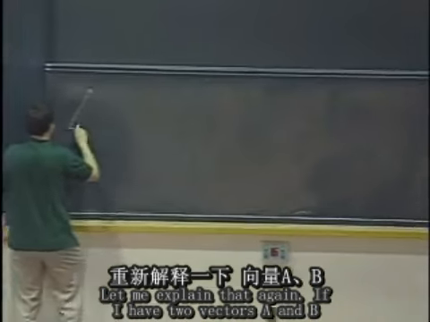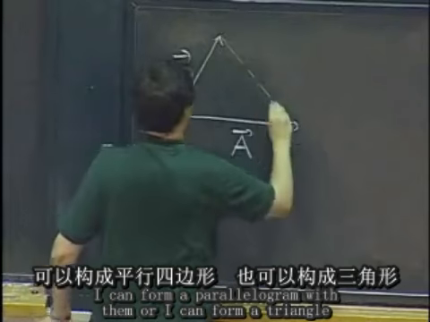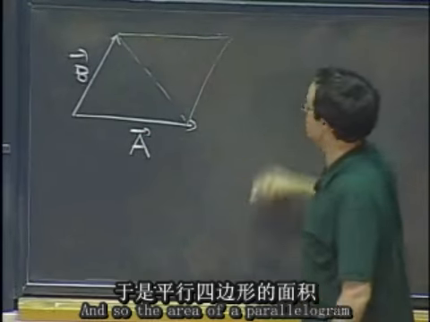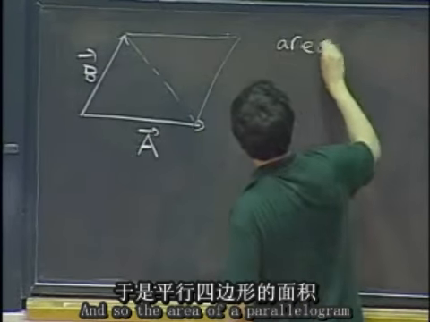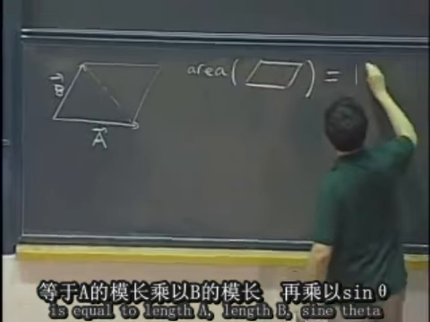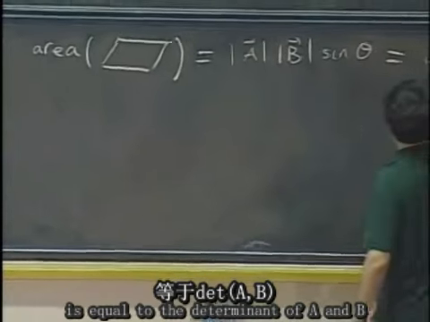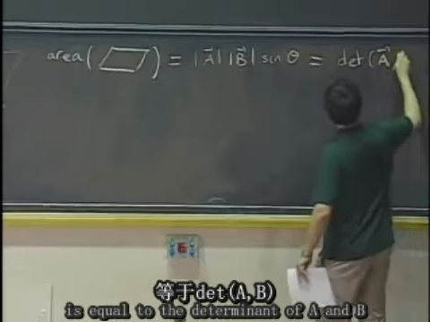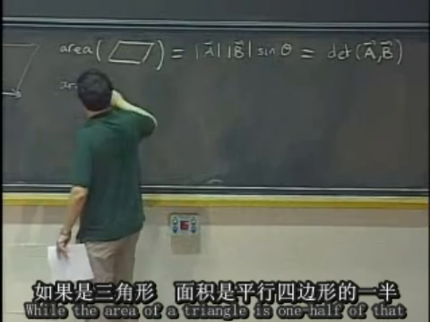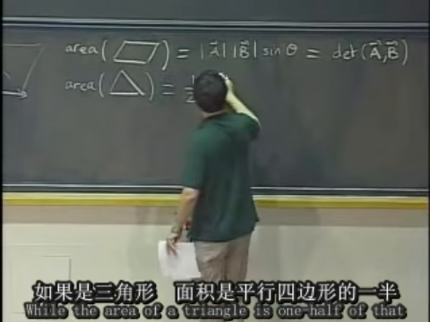If I have two vectors A and B, I can form a parallelogram with them, or I can form a triangle, okay? And so the area of a parallelogram is equal to length A, length B, sine theta, which is equal to the determinant of A and B. While the area of a triangle is 1/2 of that.